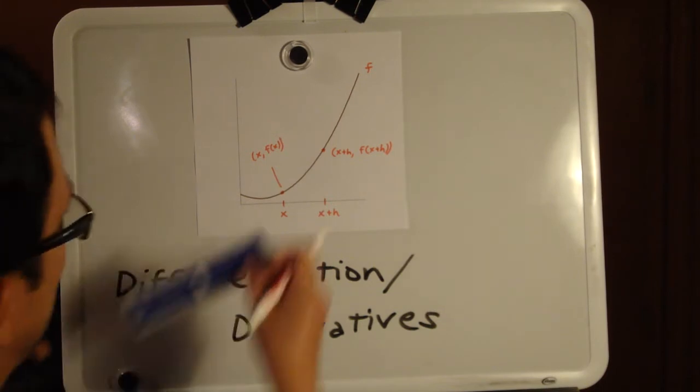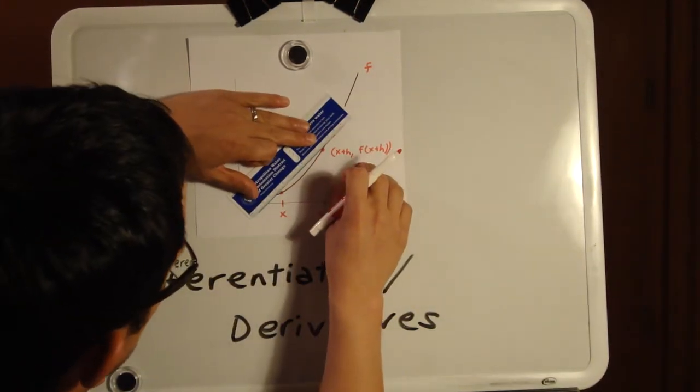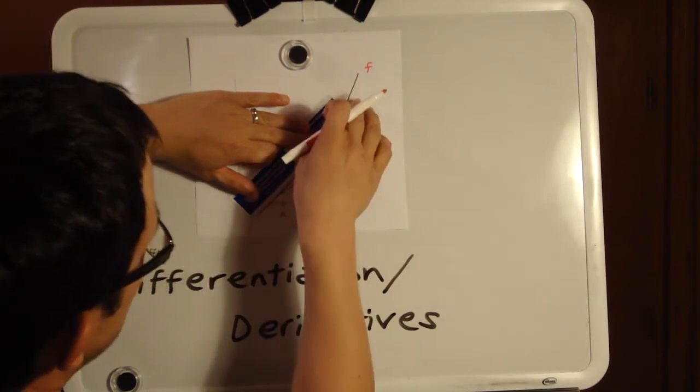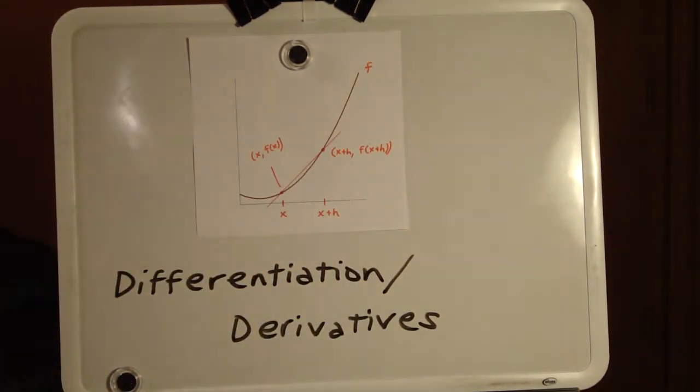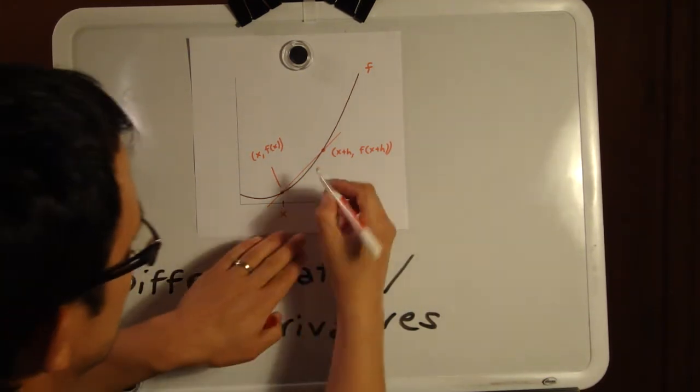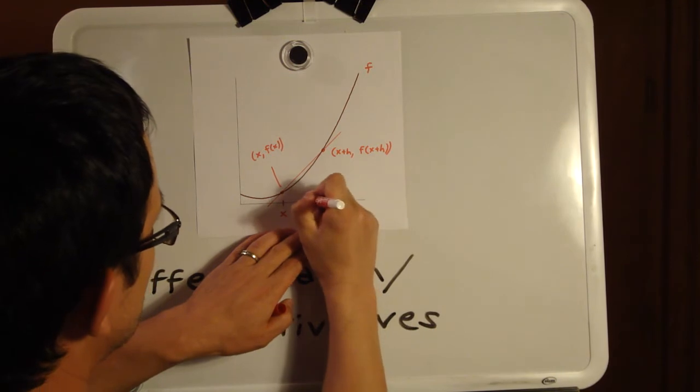We saw this before, that if you connect these two points, you're going to have geometrically a secant line. This is going to represent an average rate of change of the function f over the window from x all the way to x plus h. The main thing we're going to do now is shrink the window. We're going to take the second point and let it tend to the first.